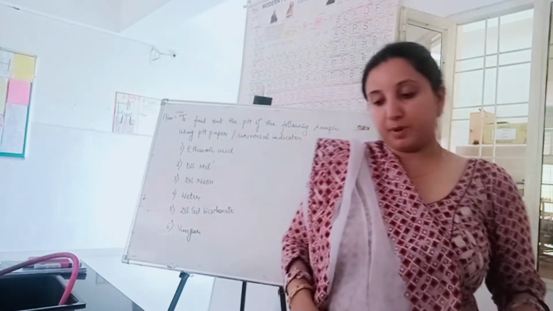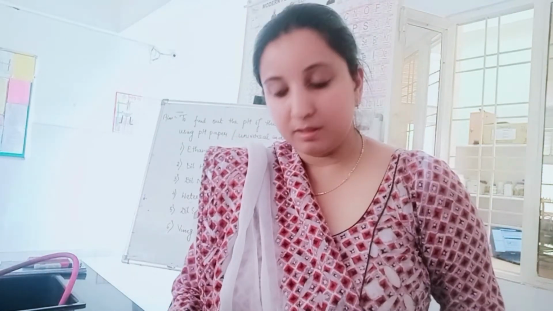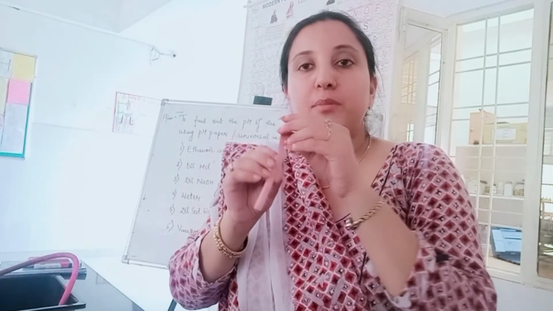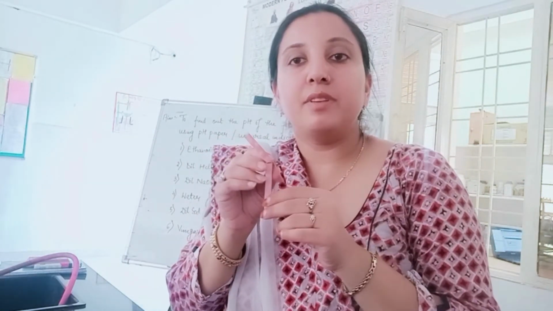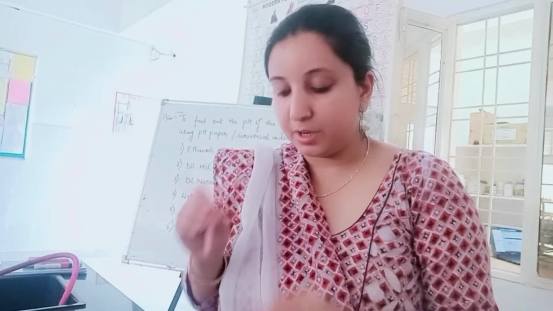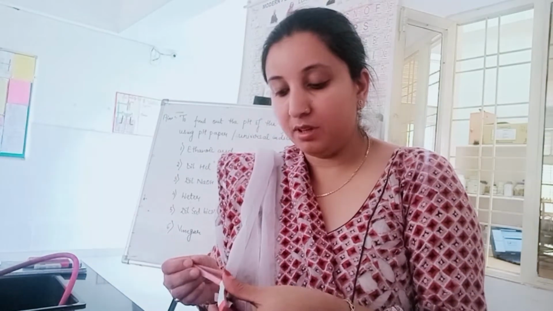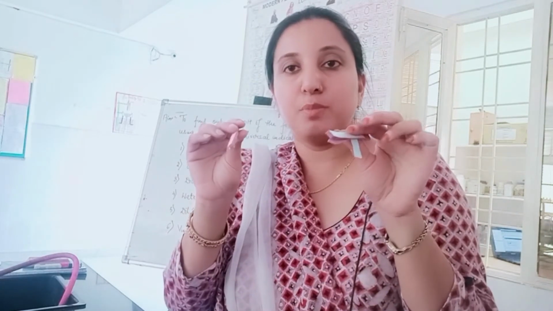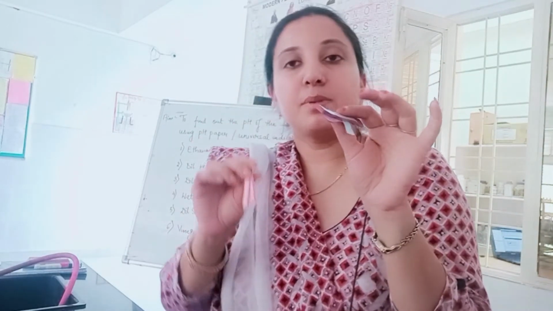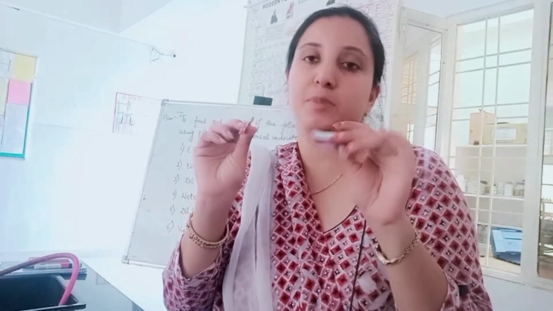Now, what is the pH paper? First we should understand that. If you remember, in the class when we started acid, base and salt, I showed you different colored papers, these two papers. This is your blue litmus paper and this is your red litmus paper.